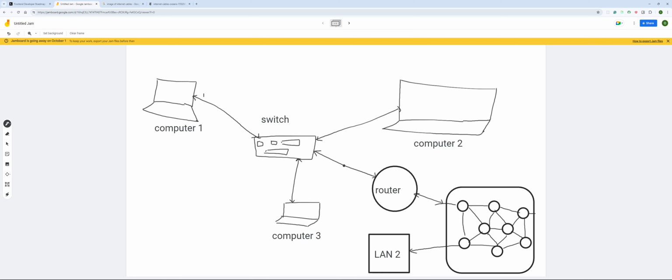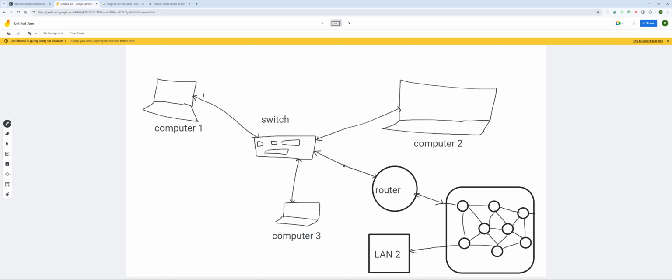Now, the idea is we have three, four, five, six, 20 computers that want to communicate with each other, but we don't want to do that over the internet. We don't want that to be public. We want that communication to be in-house and isolated. In that situation, we get something called a switch, which is this guy here.